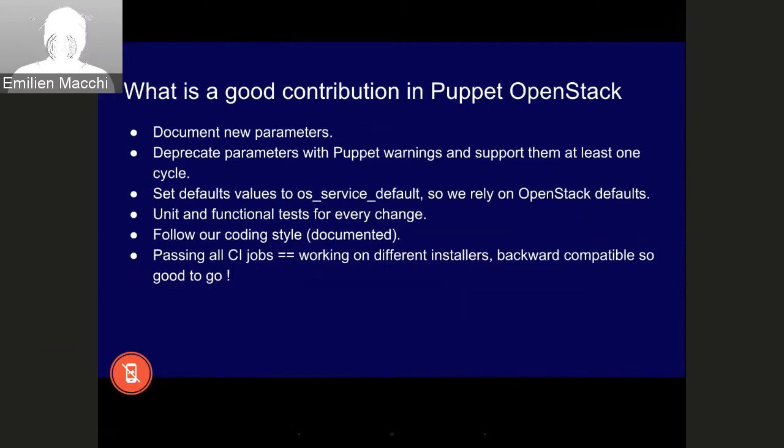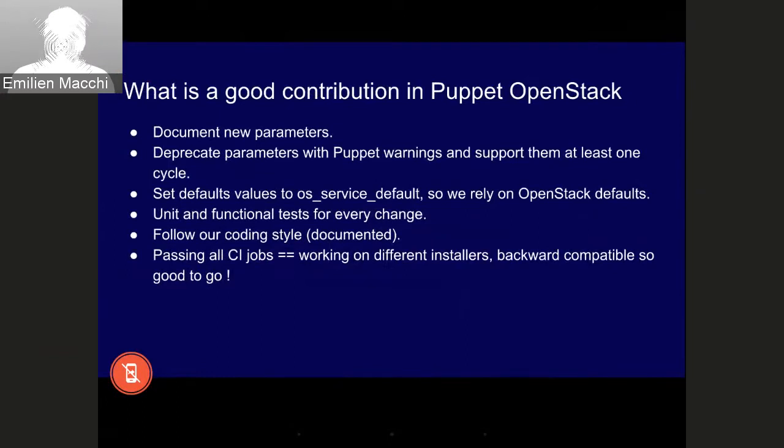If you want, for example, to create a new parameter for Nova, because something has been implemented in the last cycle, you want to add it in the Puppet Nova module, you need to add some documentation. If you are dropping a parameter, you need to deprecate it correctly with a Puppet warning, and you have to support the parameter for at least one cycle.